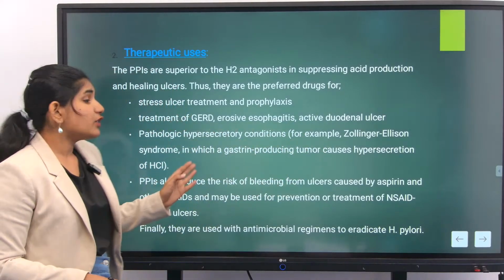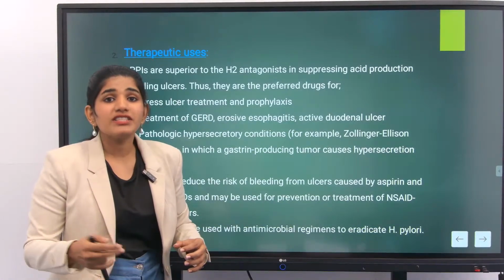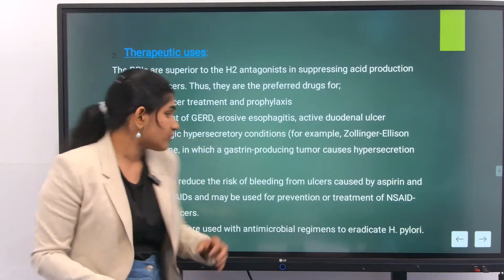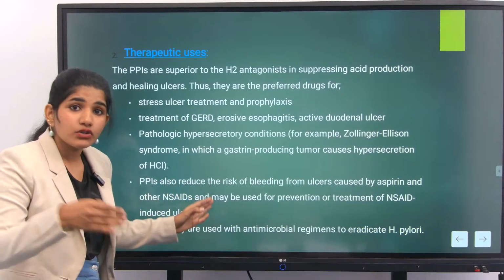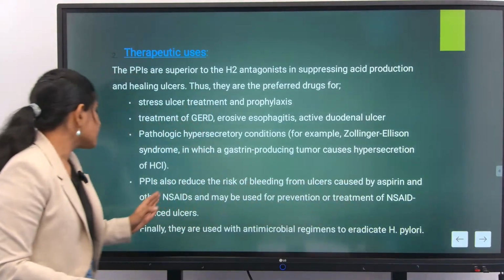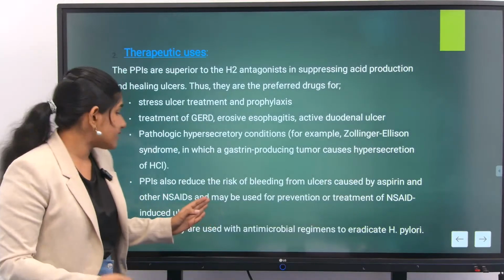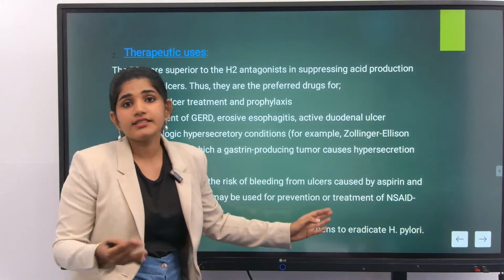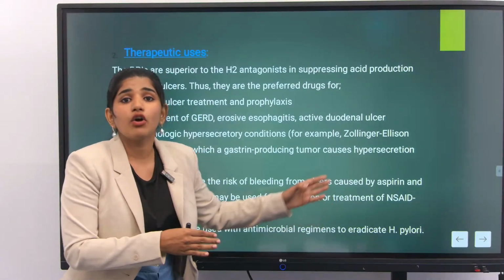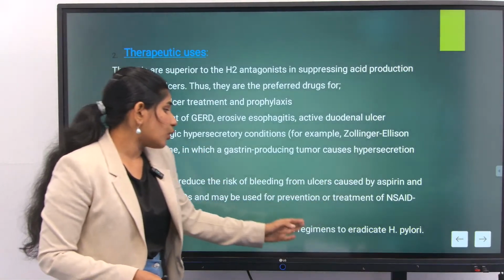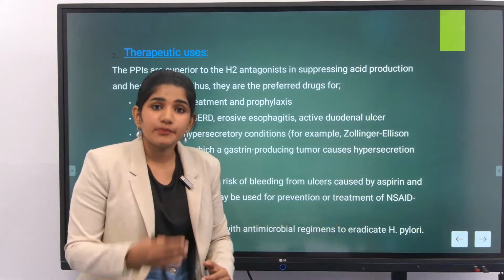And they also reduce the risk of bleeding, because if we have an NSAID induced ulcer, there is always a risk of bleeding. So proton pump inhibitors can reduce the risk of bleeding of ulcers caused by aspirin or other NSAIDs, and may be used for the prevention and treatment of NSAID induced ulcers. They are also used with antimicrobial regimens to eradicate H. pylori.